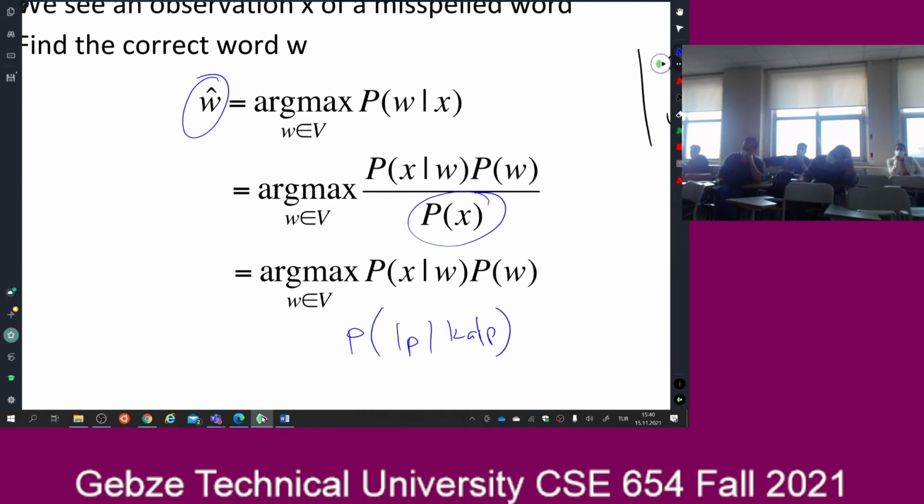Because I know how frequently people mistype those K and A letters. I know the probability of people deleting, not including, letters in a given word. So calculating this is easier than calculating this. This one is just a random non-word. What is the probability of seeing this word instead of the real word?